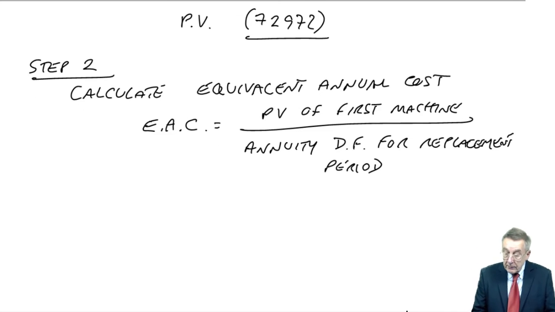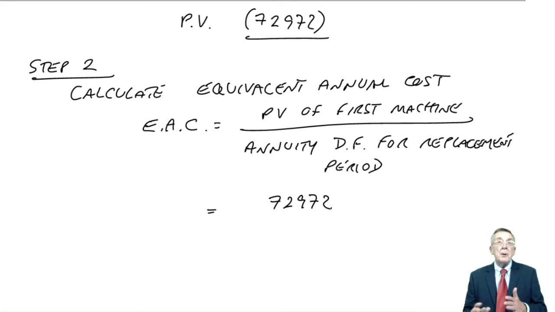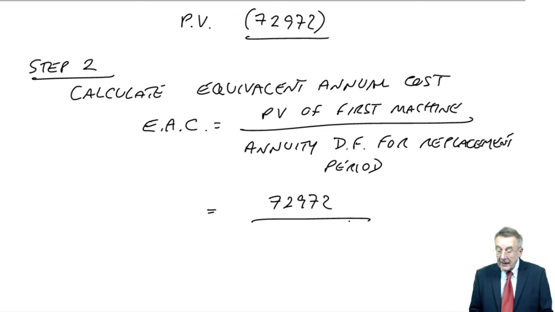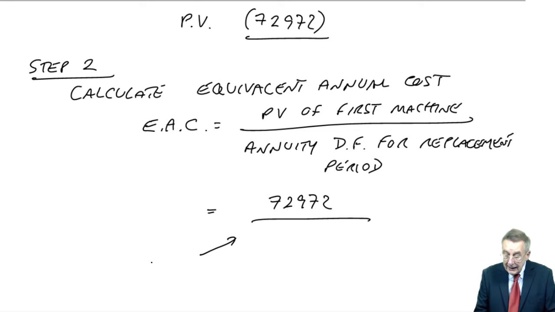Now, the present value of the first machine we just calculated is 72,972. I'm not going to put brackets around it because we know it's a cost. We divide it by the annuity discount factor of the replacement period.